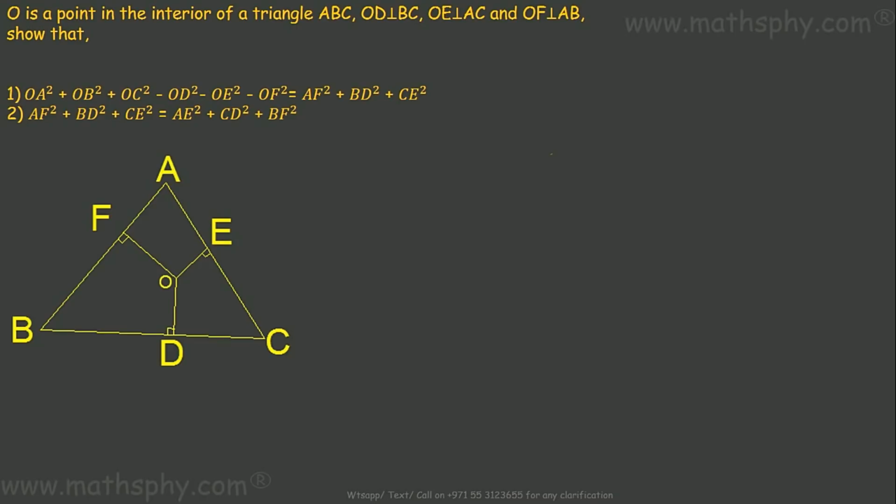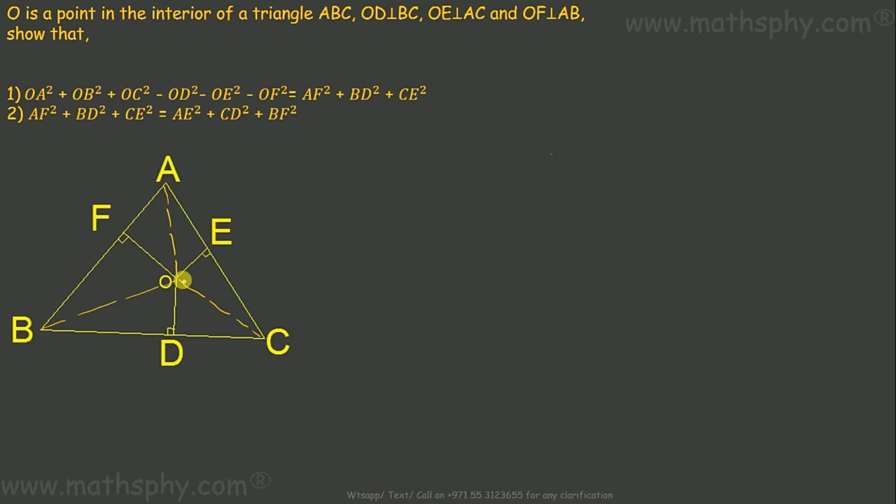let's connect O to A, O to B and O to C. Let's not be confused with this point of intersection O of all these perpendiculars as circumcenter for this triangle. All these are perpendiculars but not the bisectors.